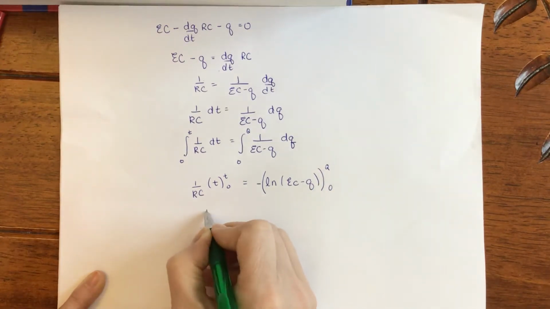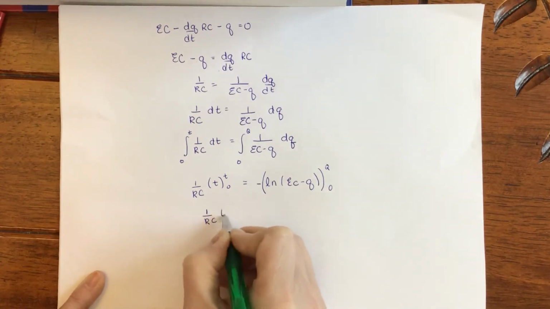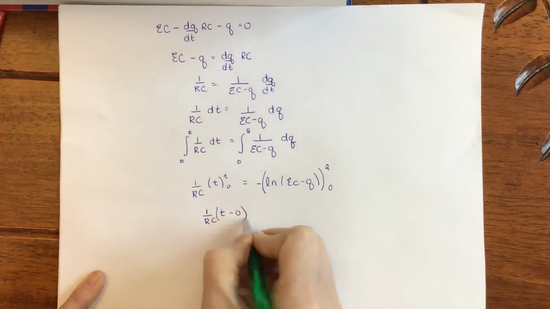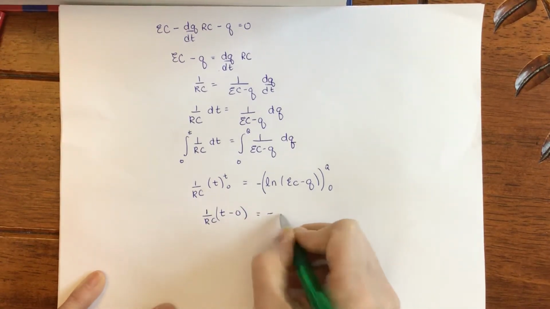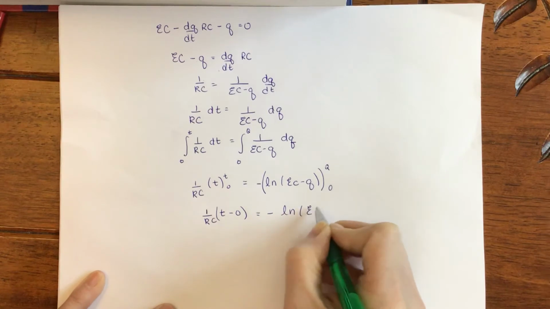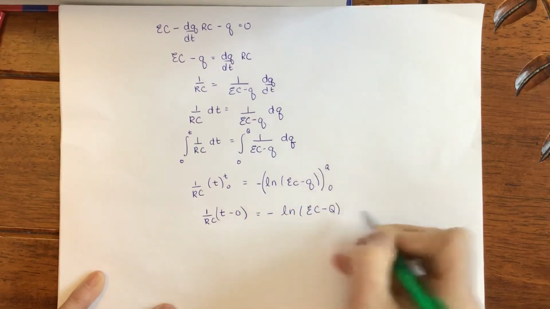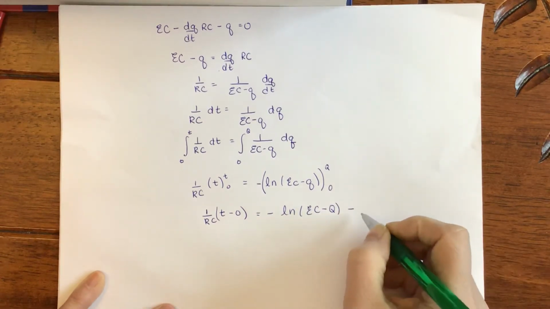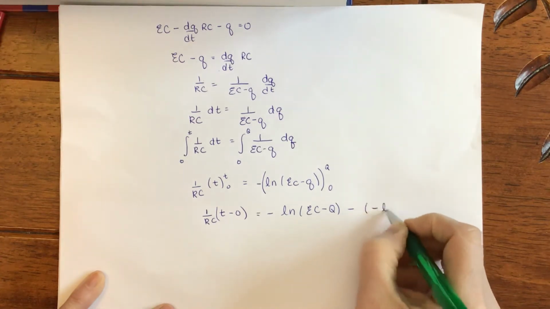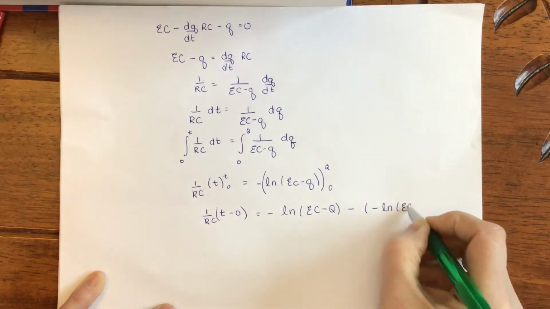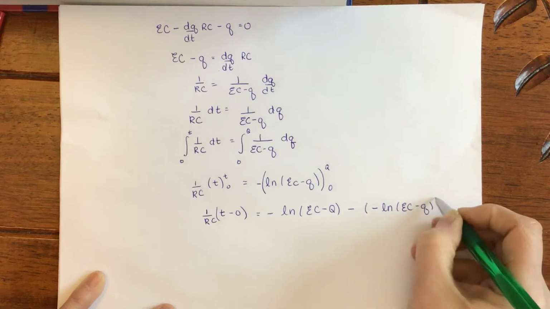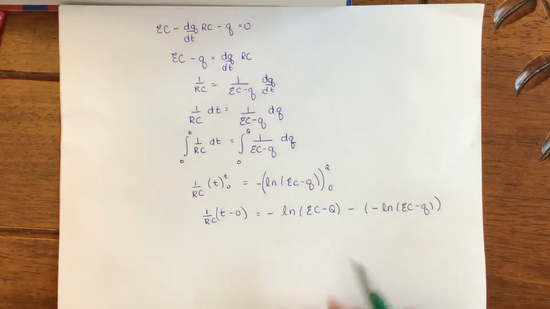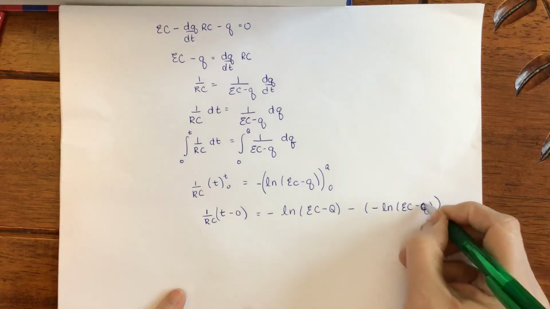So we get 1 over RC times t minus 0 equals minus natural log of epsilon C minus q, minus, minus natural log epsilon C minus 0.